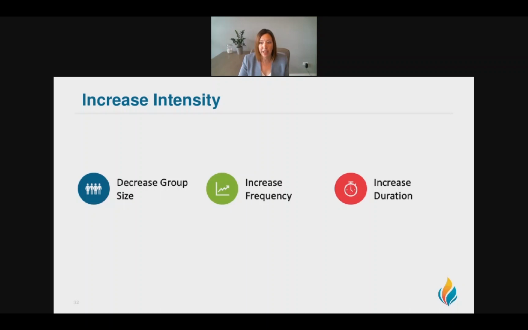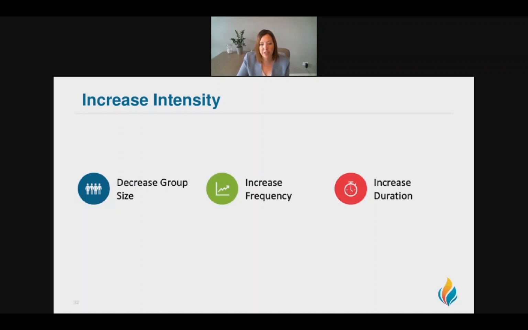You can increase the frequency with which you provide that instruction and potentially increase its duration. Let's talk about each of those intensity pieces as we think about our universal tier.